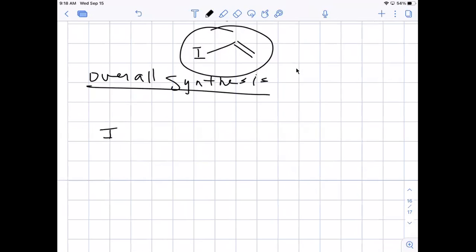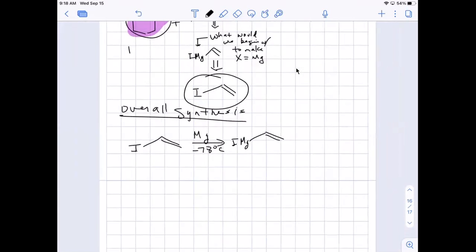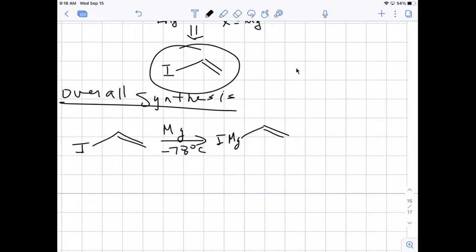And we start with this. Treat it with magnesium at -78. What am I going to get from that? The Grignard. I'm going to get this, MgI. Yes. Then I'm going to take that and react it with the iodide that they gave us.